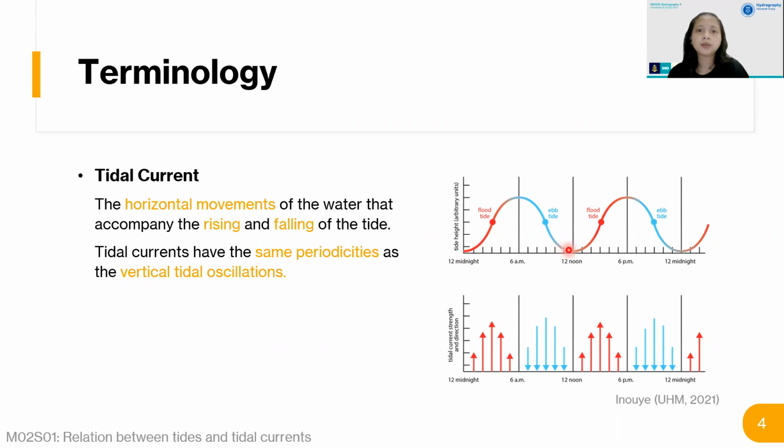Okay, so that's basically the idea of tide, and that is why the tidal current has the same periodicities as the vertical tidal oscillation. So the idea is, if you can measure tides and predict their characteristics, you can actually predict what will happen to the tidal current. But of course, it's only the tidal current. We are not talking about other currents that are induced by other forces. It's only the tidal current.